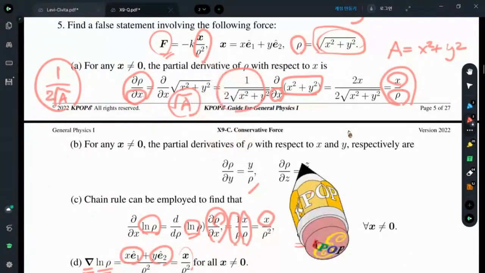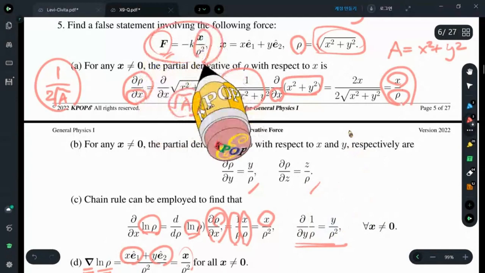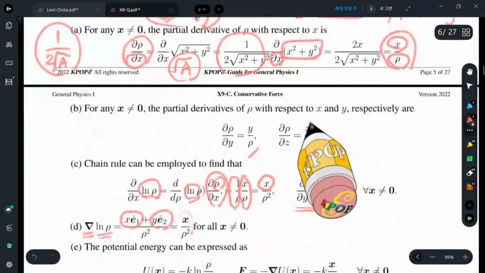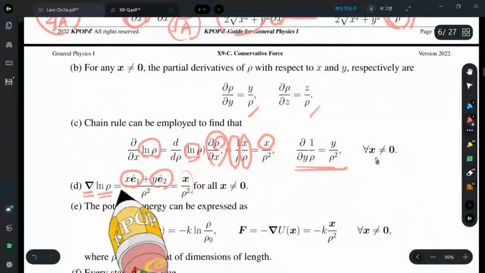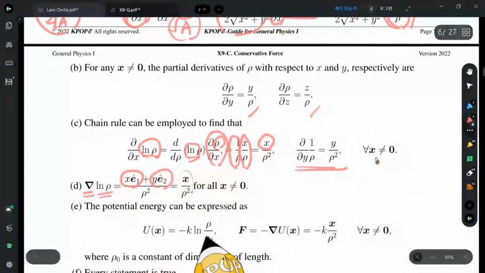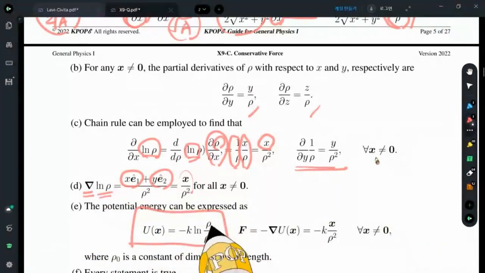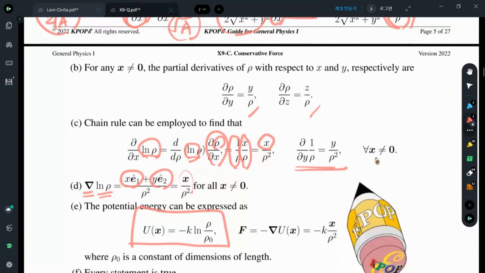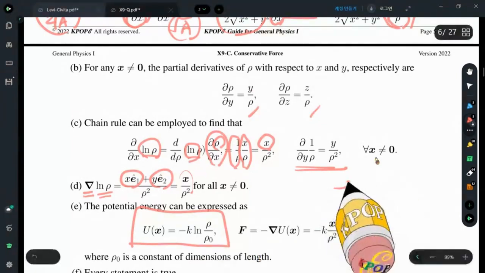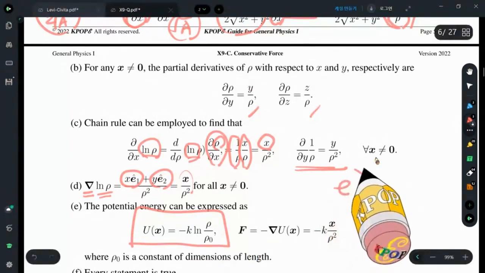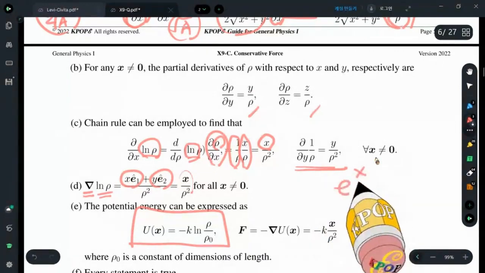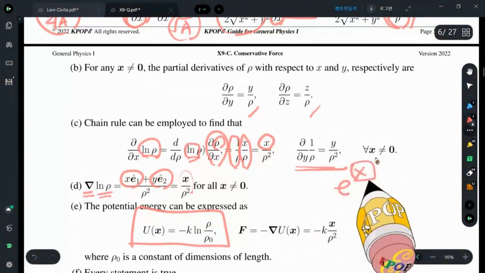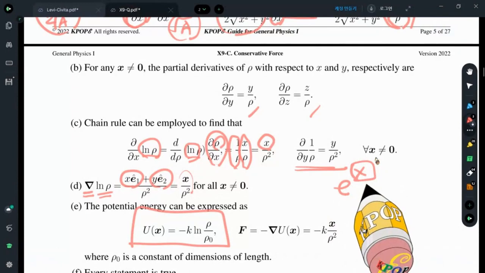Therefore, I have found the potential energy of this force. This is a conservative force because there exists a potential energy like that. In here, I have divided this rho with the dimensional quantity because, just like exponential, for example, exponential is something that must be dimensionless in physics.